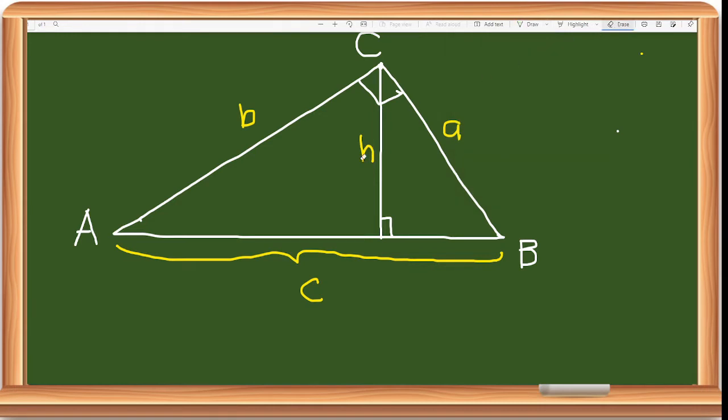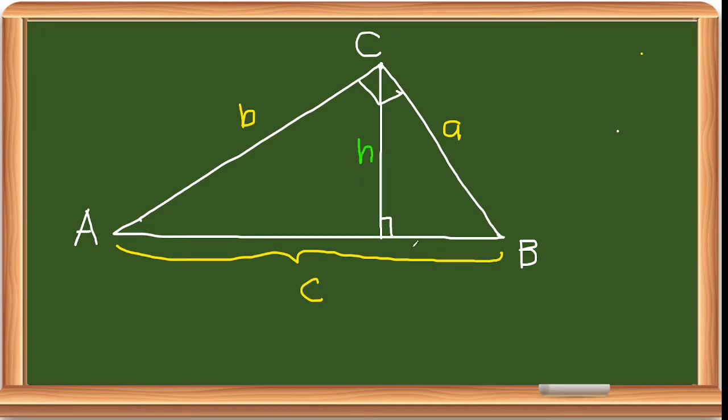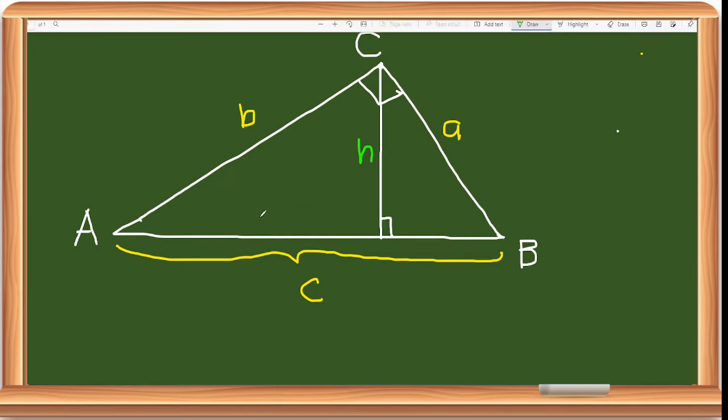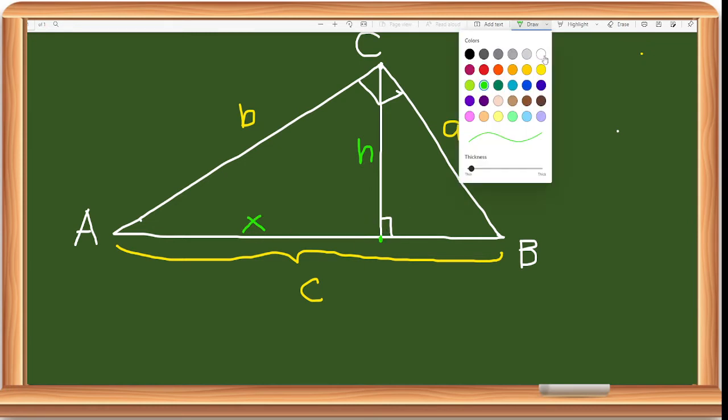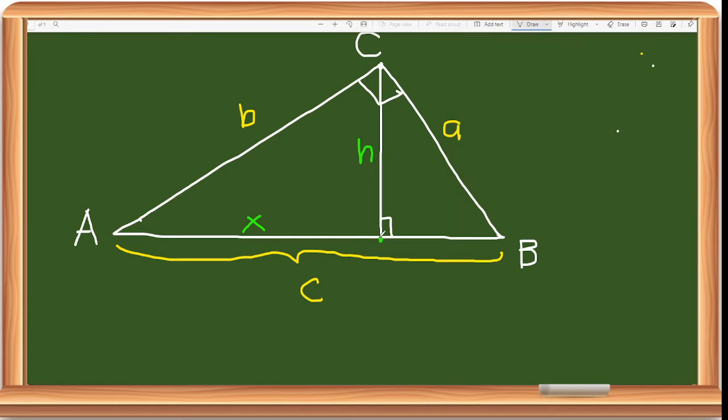Okay, so let's say this is the altitude. Let's name it as side H para dun sa dalawang triangles. And dito naman, gawin natin tong X. So, lagay natin dito point D. No, so let's say this is D. Okay.